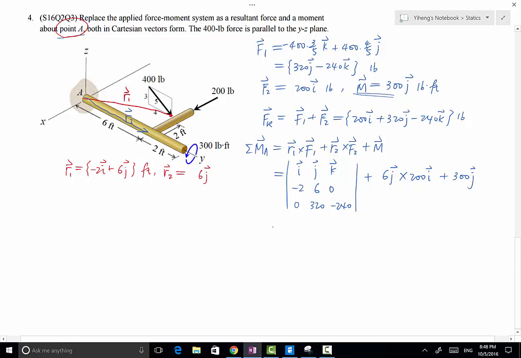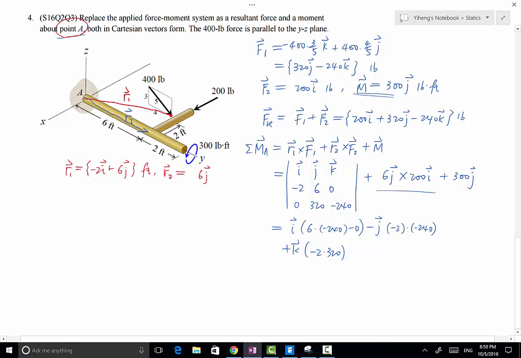So from the matrix, for I, we have 6 times negative 240 minus 0. For the j components, we have negative 2 times negative 240 minus 0. For the k, we have plus k, negative 2 times 320 minus 0.